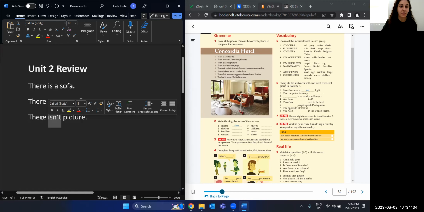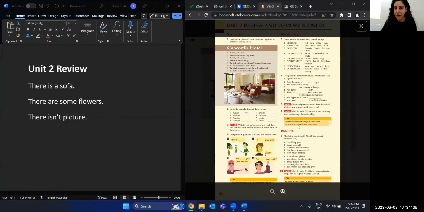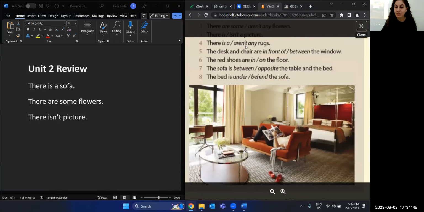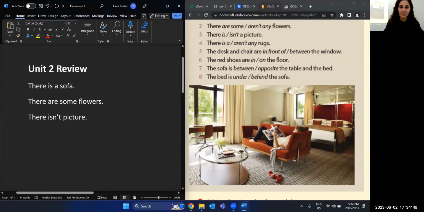So it's a negative. There isn't a picture. And if I look at the photo, there isn't a picture. Not on the walls, no. Okay, number 4. Odilon. Yeah, so it's a negative. There aren't any rugs.